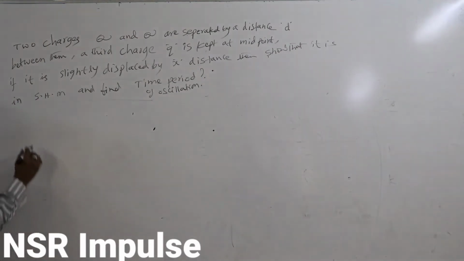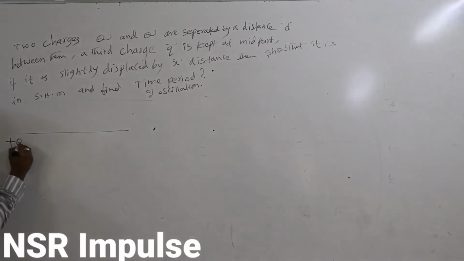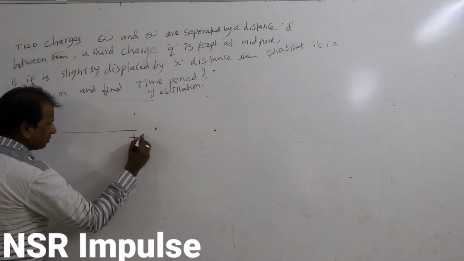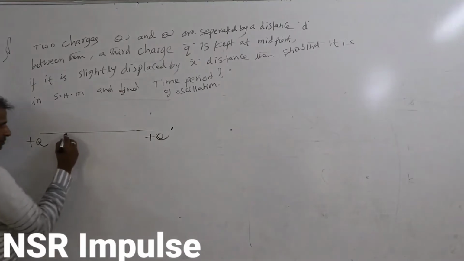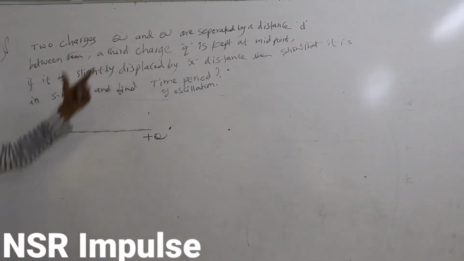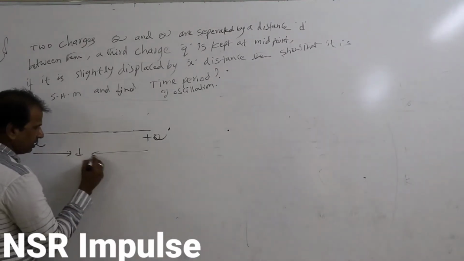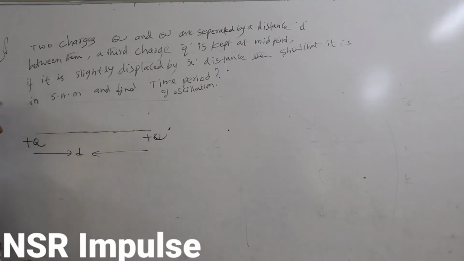You have to find the time period. See what happens. This is the charge plus Q. It is also plus Q. How many charges are given according to the problem? Two charges. What is the distance of separation? D is the distance of separation.